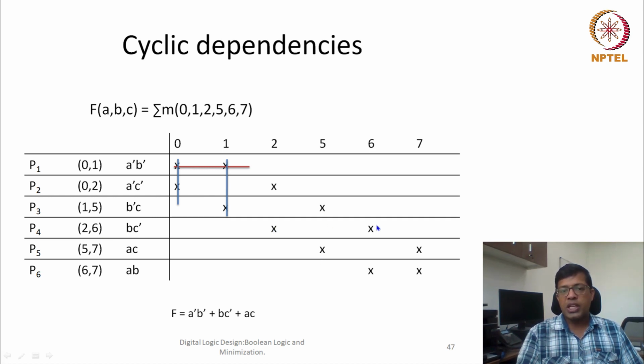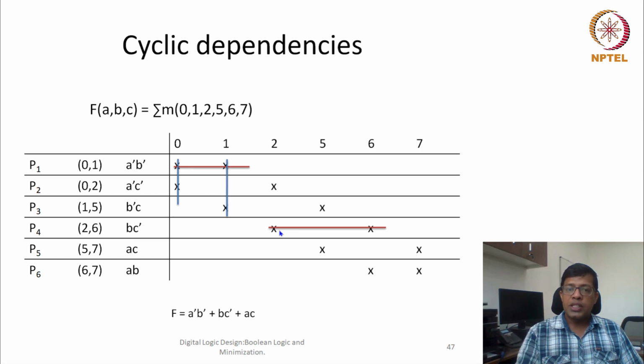Because B C dash would be able to cover two min terms, whereas both of these P2 or P3 would cover only one min term. So the only choice we will have is P4. So we'll take P4.